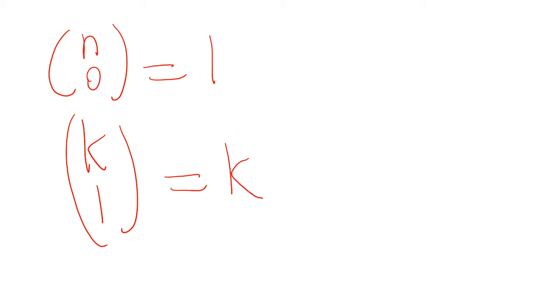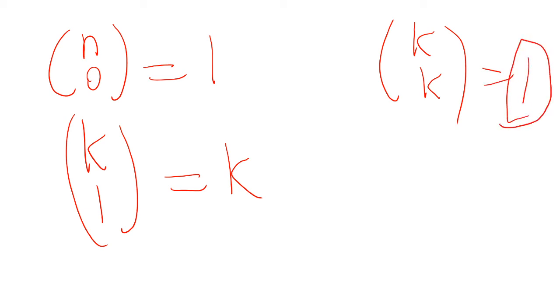And this is because this is just k over 1, which is just k. Now, another rule you have to remember is k choose k. Now, k choose k is also going to be 1. And we'll look at each of these in a moment.